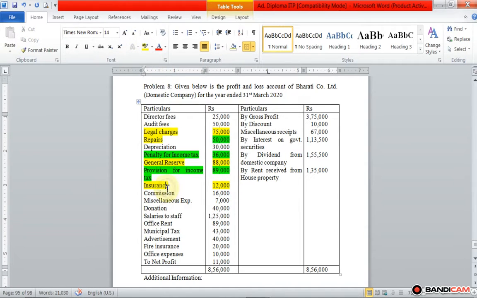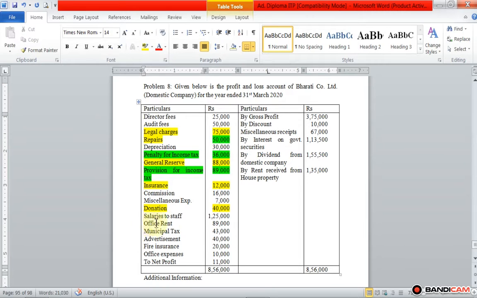Disallowed. Commission paid is an allowable expenditure of the company. Miscellaneous expenses 7,000, allowable expenditure. Donation 40,000, disallowed. Then salary to staff, allowable expenditure. Then office rent, allowable expenditure.